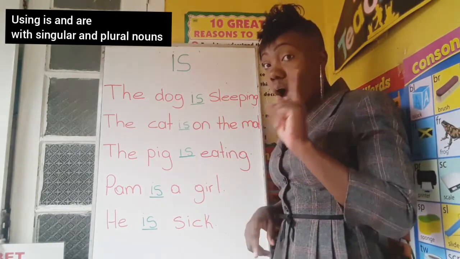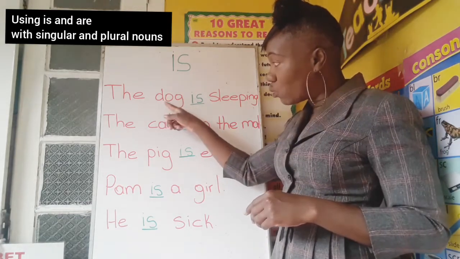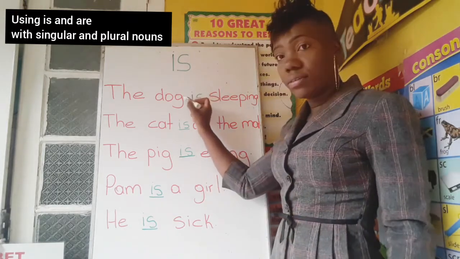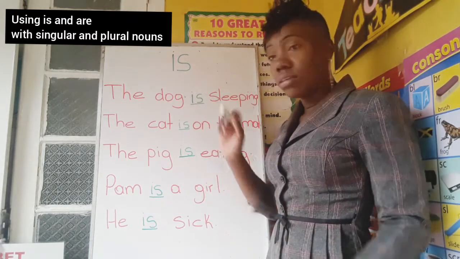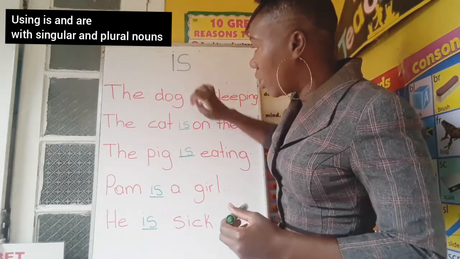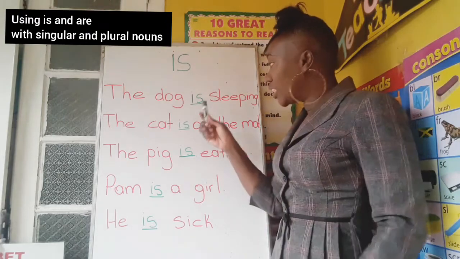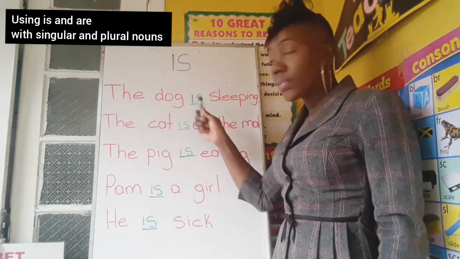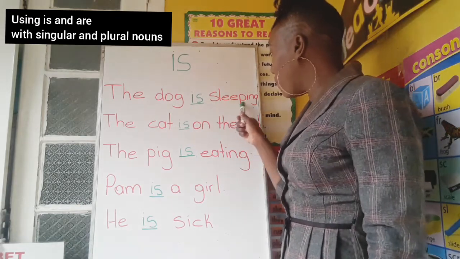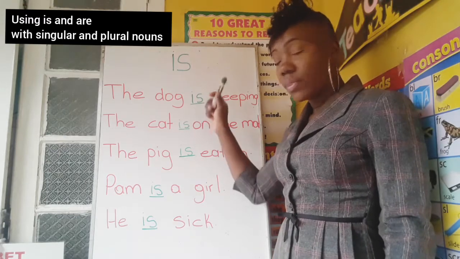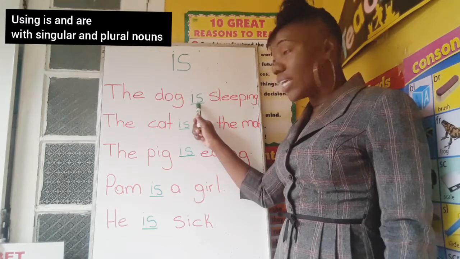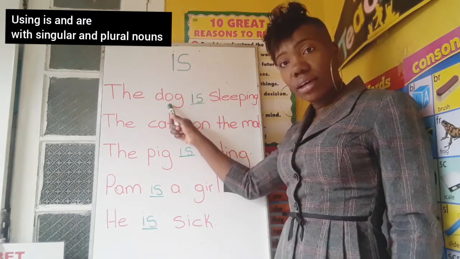One. As you can see, it is one dog. If it was more than one dog, which letter would be on it? An s. But we're not talking about more than one. We're talking about one, which is singular. And that's when we use is. The dog is sleeping. So you see, it is one singular noun, and you use is when the noun is singular.